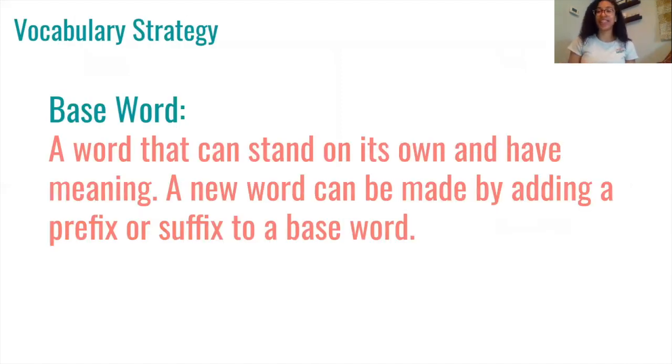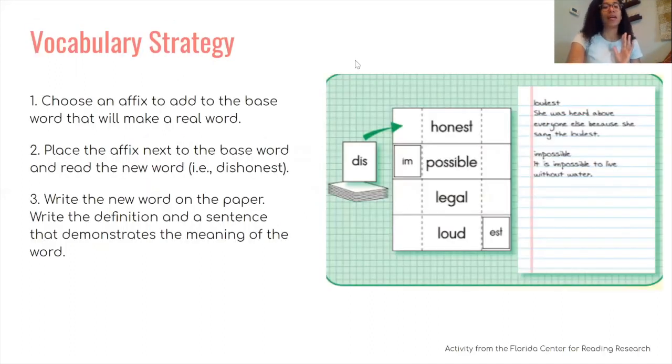Our vocabulary strategy for this week is base word. A base word is a word that can stand on its own and have a meaning. A new word can be made by adding a prefix or suffix to a base word. All right, so let's look at our activity. For our activity, we will first choose an affix to add to the base word that will make a real word.